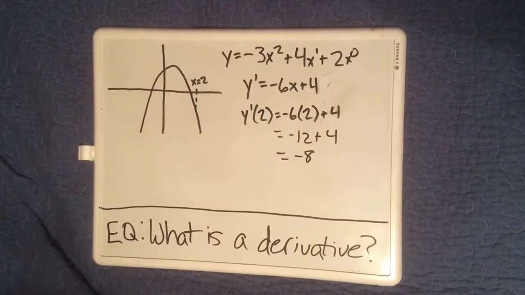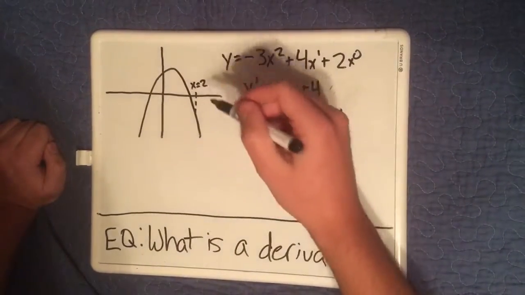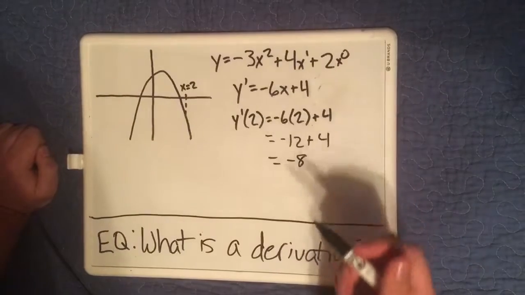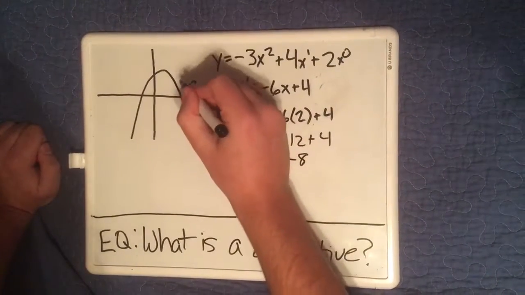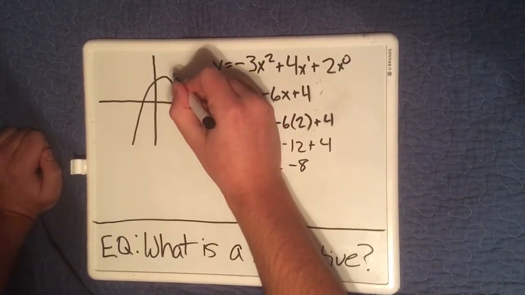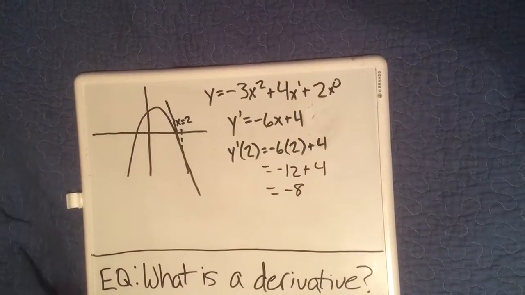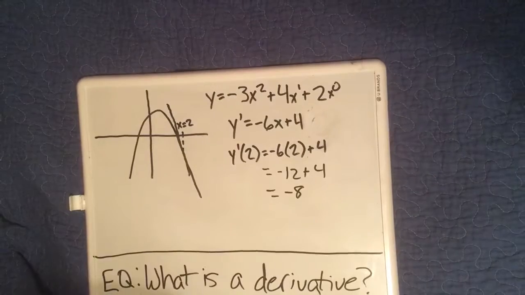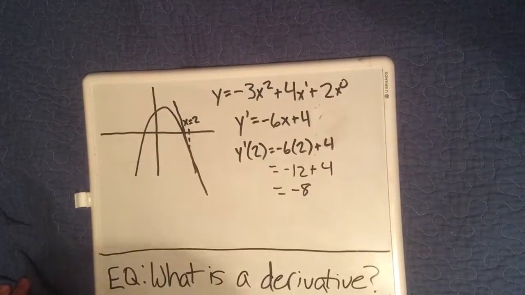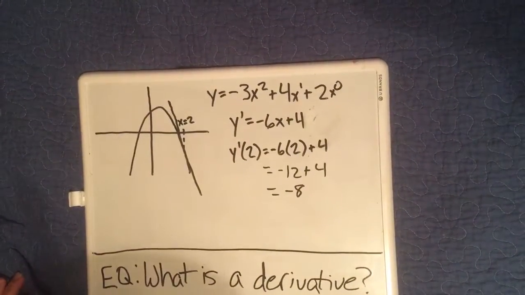So when you draw the tangent line, which again just barely grazes the original curve itself, the slope should be about negative 8, and that appears to be right in this instance again.